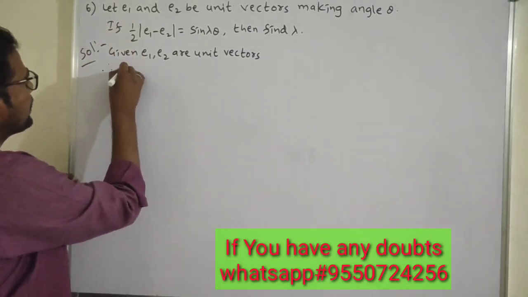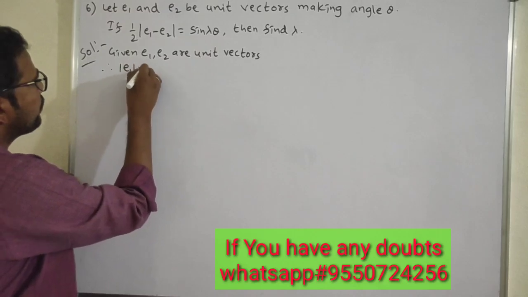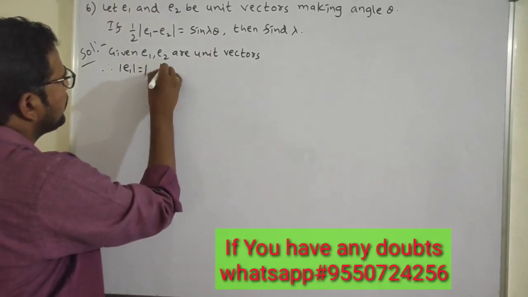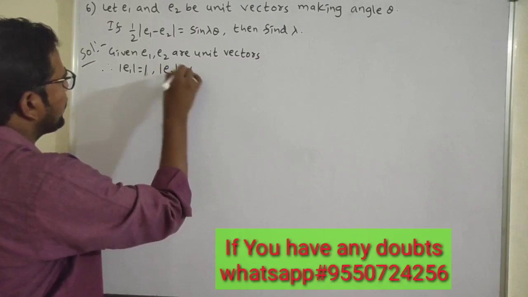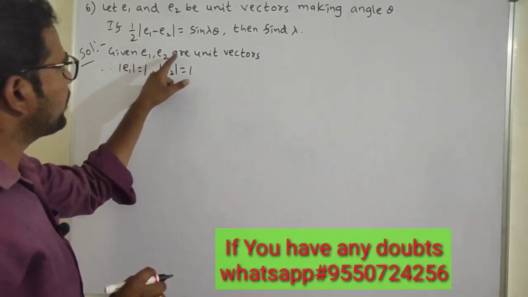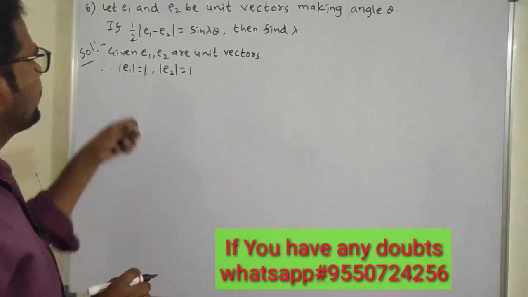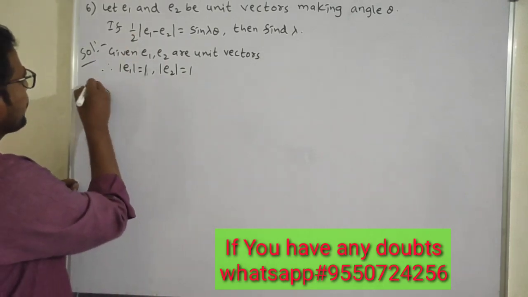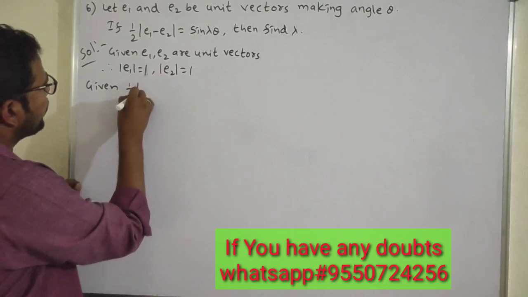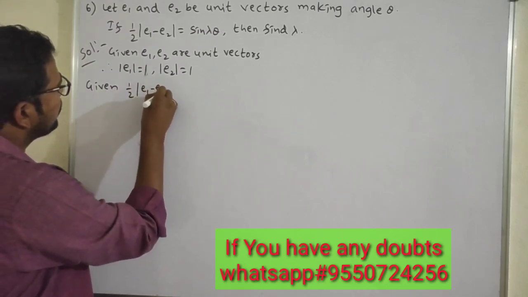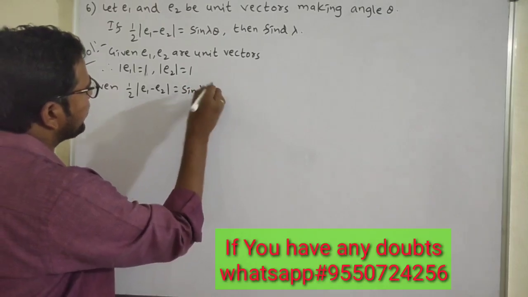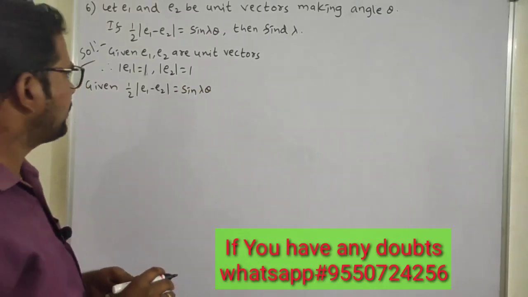Therefore modulus E1 is equal to 1 and modulus E2 is equal to 1, because E1 and E2 are unit vectors. And what is the given condition? 1 by 2 modulus E1 minus E2 is equal to sin lambda theta.